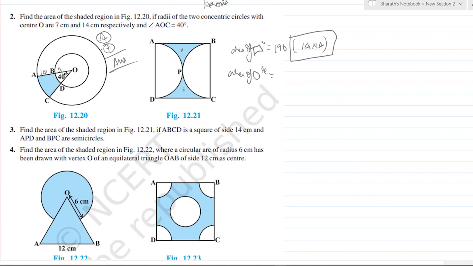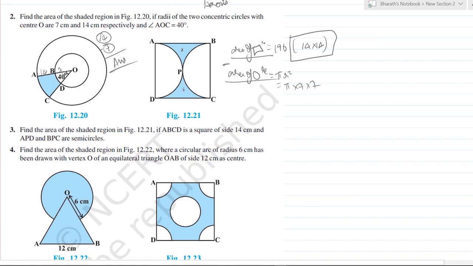Because 2 semicircles is equal to 1 circle. So area of circle where radius is 14 divided by 2, 7 centimeter. So pi r square is equal to pi into 7 into 7. Find this and subtract area of square minus area of circle. You get the answer for this.